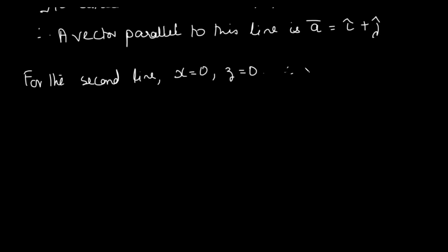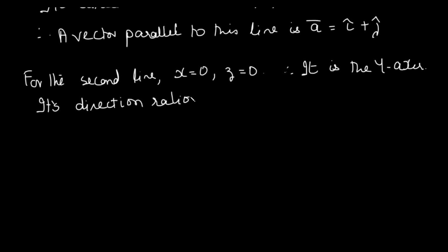Therefore, the second line is the y-axis. And therefore, the direction ratio of the y-axis is 0, 1, 0. Okay, so its direction ratios are 0, 1, 0. Try to understand the question.